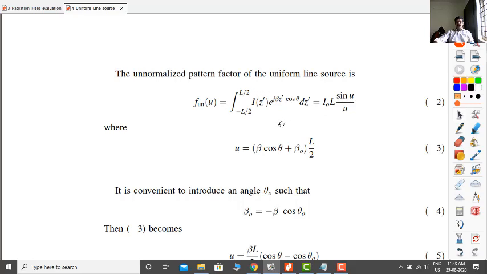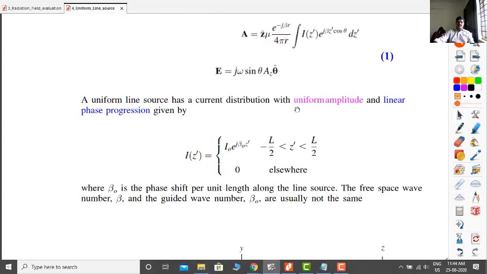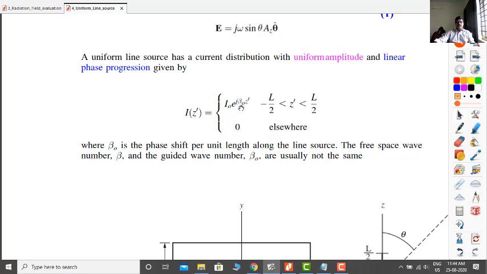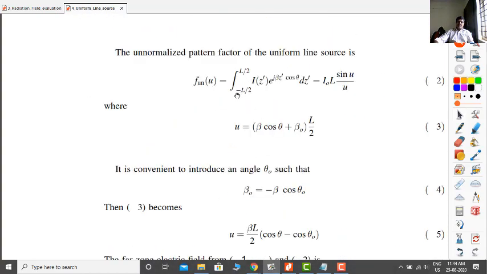Okay, and now take the integral the same way. What is I of z? I of z is I naught e raised to j beta naught z prime, and the integral will be from minus L by 2 to L by 2. So the limits are minus L by 2 to L by 2, and I of z is I 0 e raised to j beta 0 z prime, where the phase progression happens along the z axis.